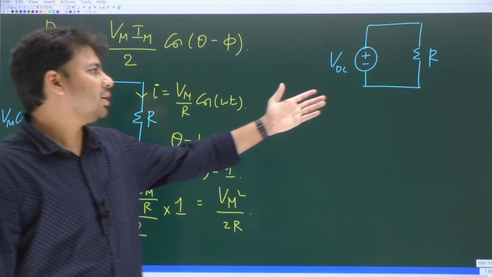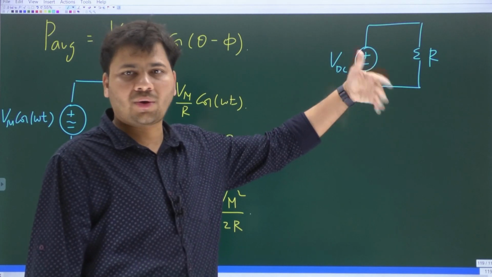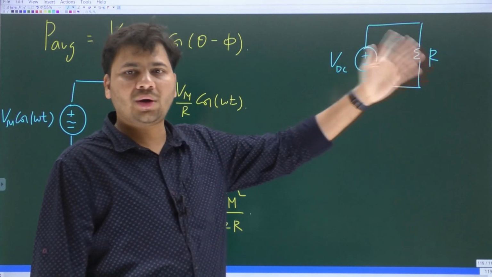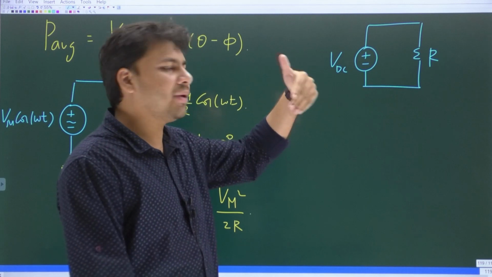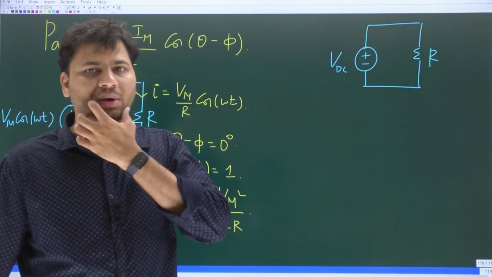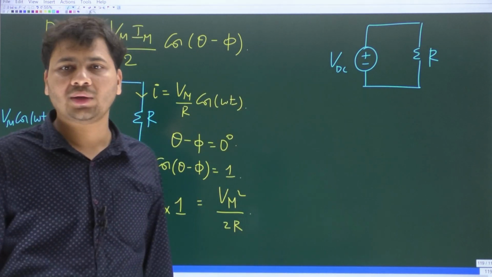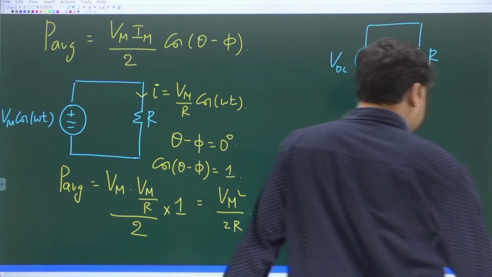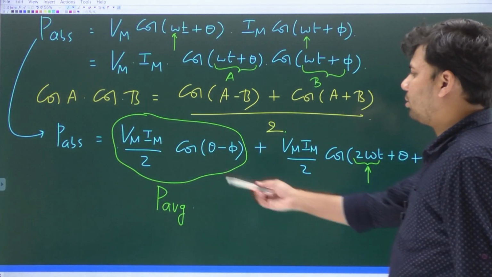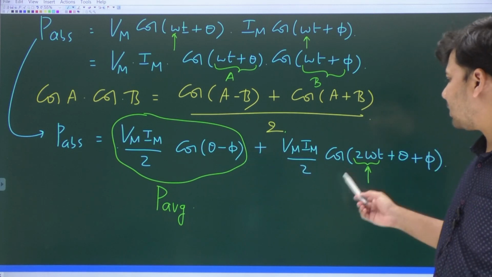With a DC voltage applied across R, the current is also DC. Even the power absorbed by the resistor will be constant, independent of time. So the instantaneous power will be the same as the average power.